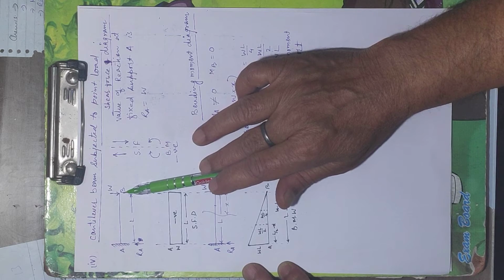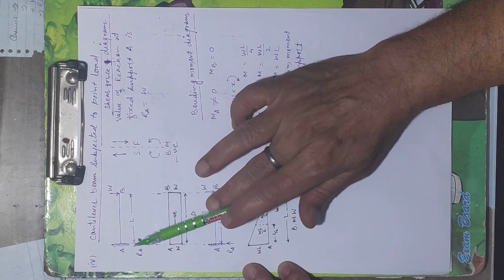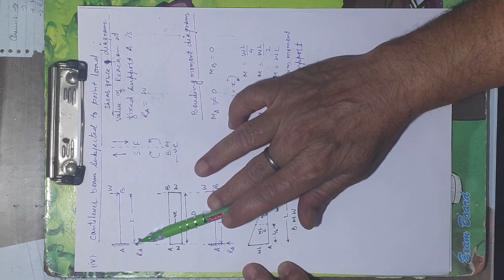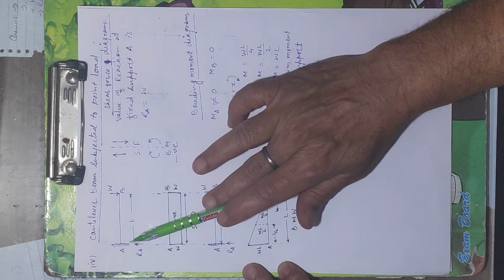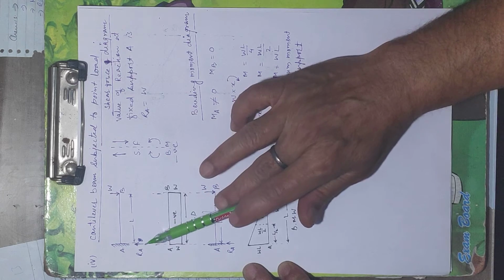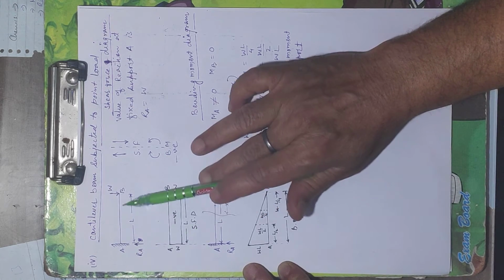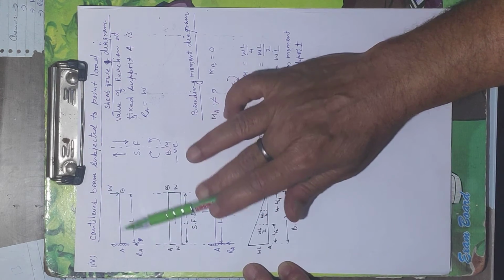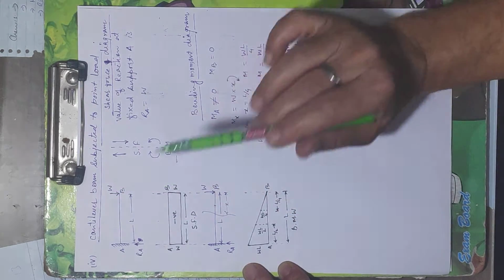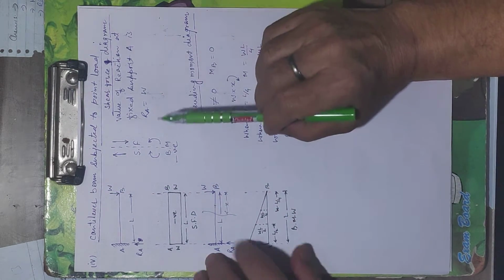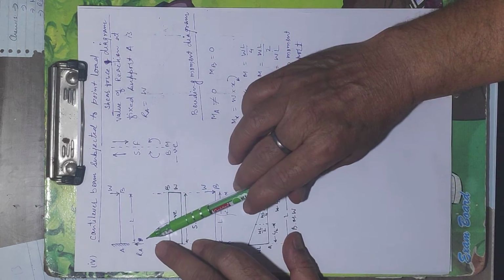So the reaction is RA at A. This is the only support which is carrying this load W. So we can say that only RA is there.